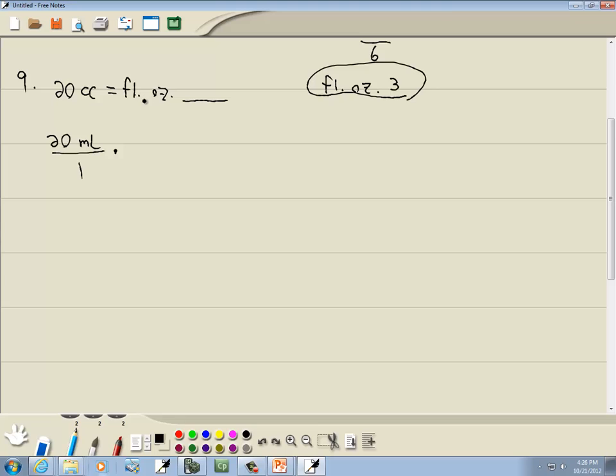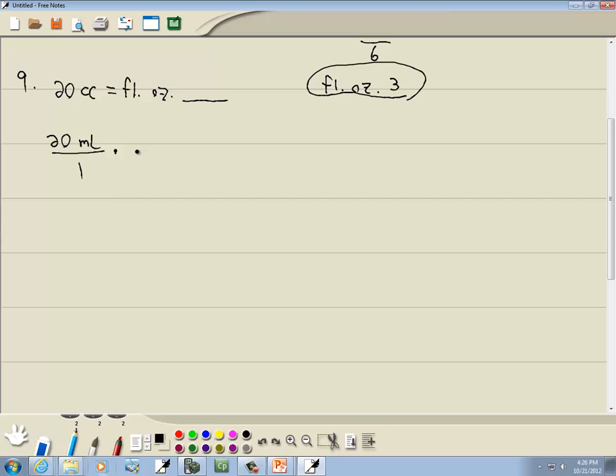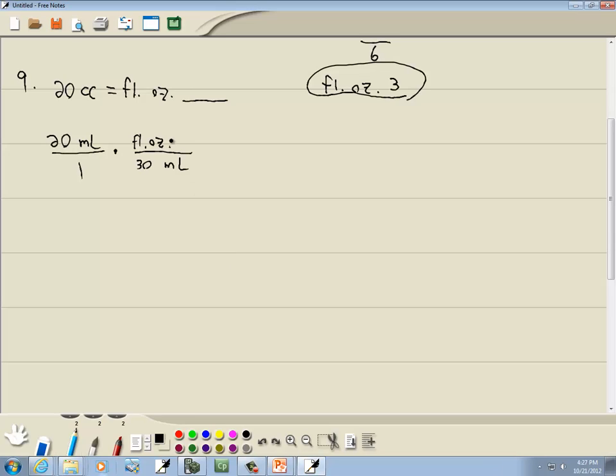And I'm looking for some kind of tie between milliliters and fluid ounces. 30 milliliters is 1 fluid ounce. So if this is milliliters here, then this is milliliters here, and my fluid ounces will be up here. So 30 here, 1 fluid ounce there.